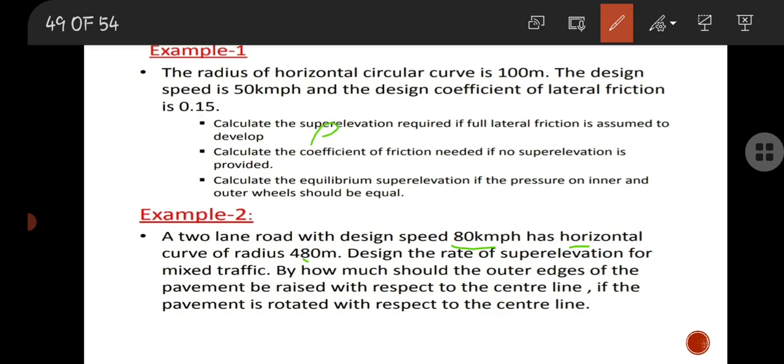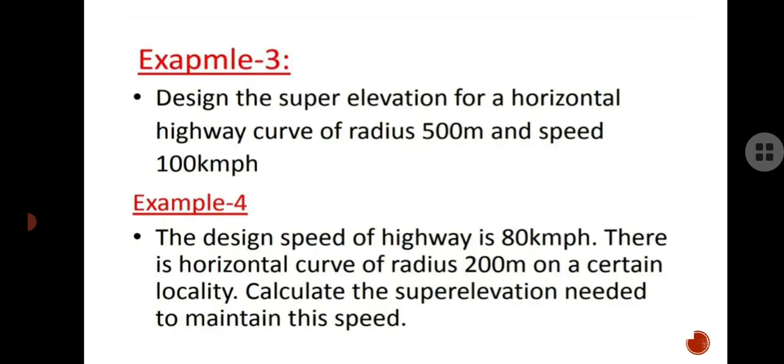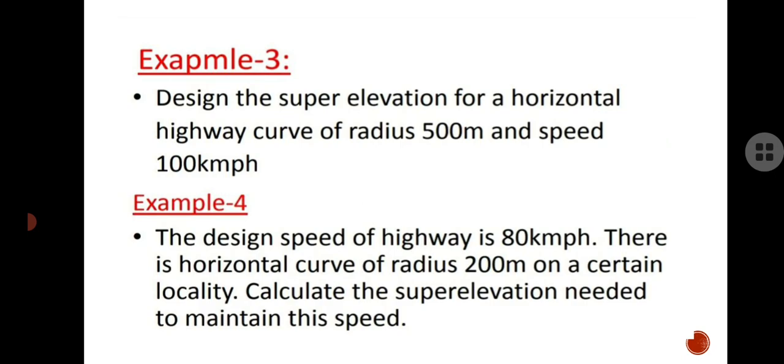Means first of all we have to calculate E is equal to 80 square upon 225R. Here we will calculate the E value, then we will calculate the F value, then we will restrict the speed limit. So here are a few examples. Take a screenshot of these questions and practice.